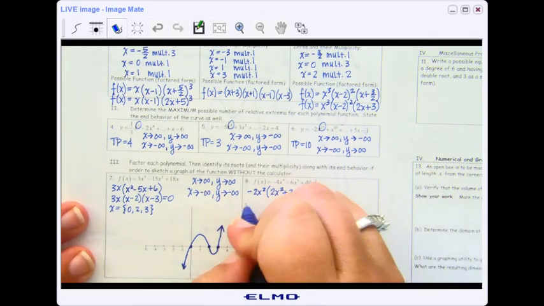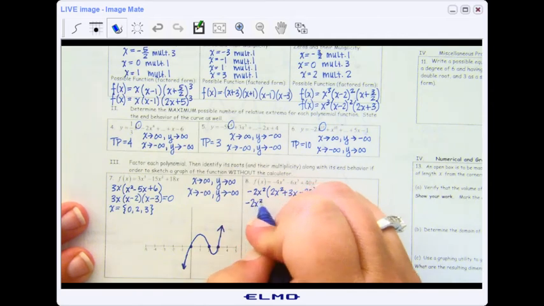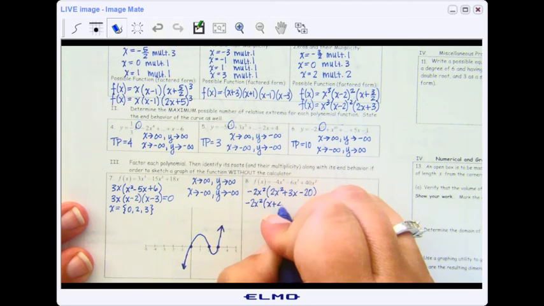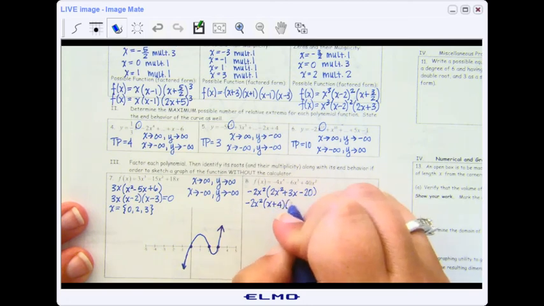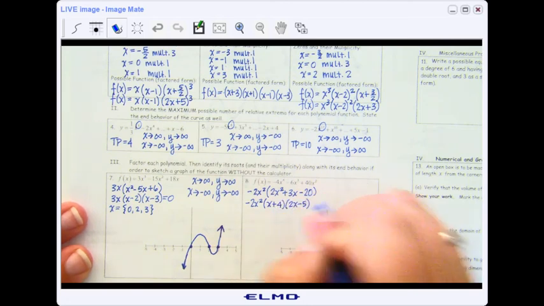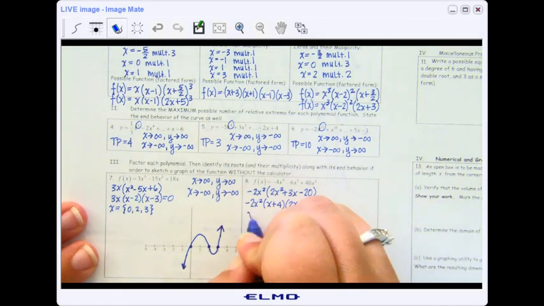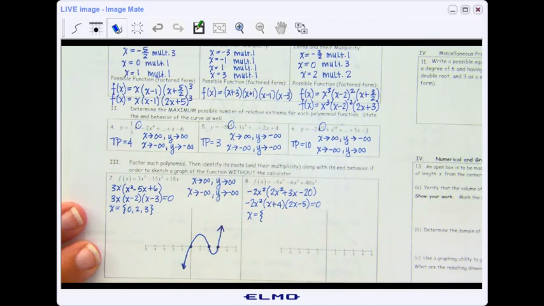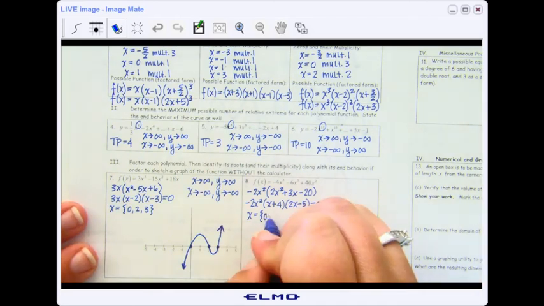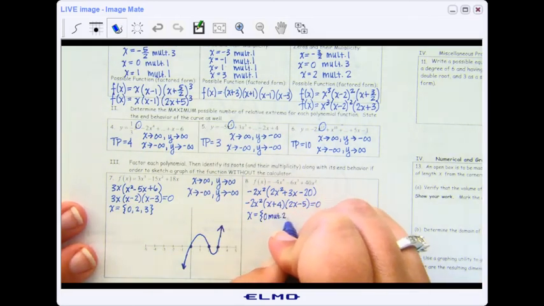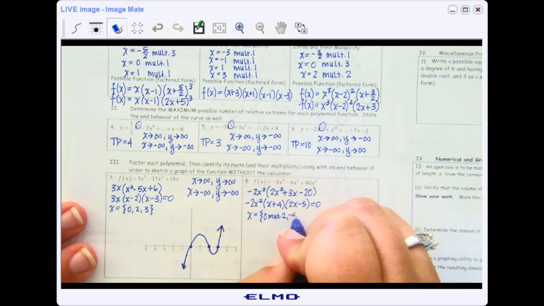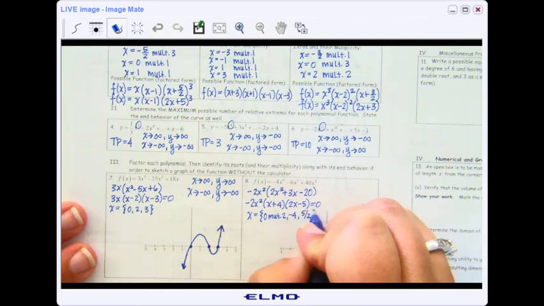So when you factor this, this becomes negative 2x squared times x plus 4 times 2x minus 5. You set this equal to 0, and x is going to be equal to 0 with a multiplicity of 2, negative 4, and 5 halves.